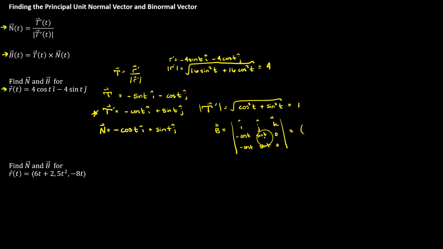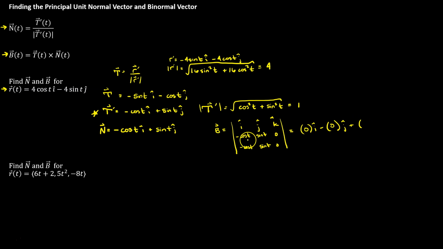In the i hat direction, we have 0 times sine t minus 0 times sine t. That's 0 i hat. In the j hat component, we have negative cosine t times 0 minus 0 times negative cosine t. That's another 0.